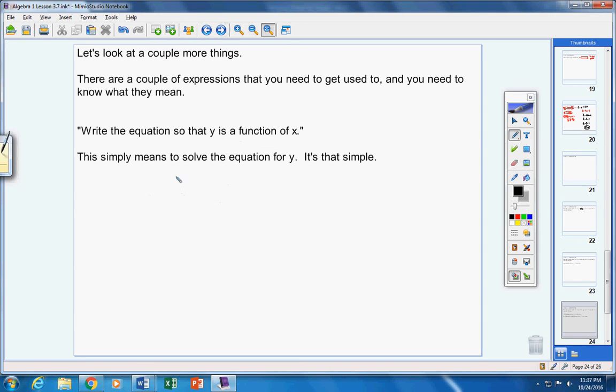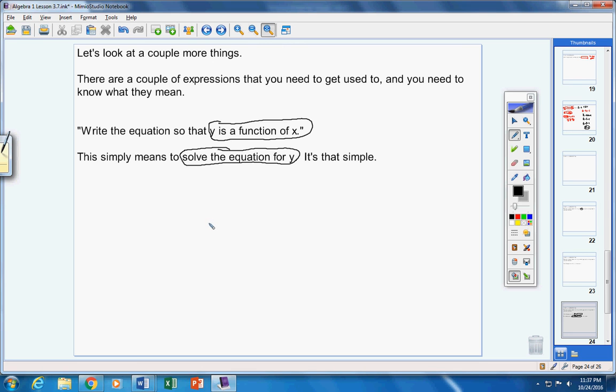It means to solve the equation for y. It's that simple, guys. Can you not memorize that? That's so easy. Whenever I say write the equation so that y is a function of x, you know what that means? Solve the equation for y. It's that simple.